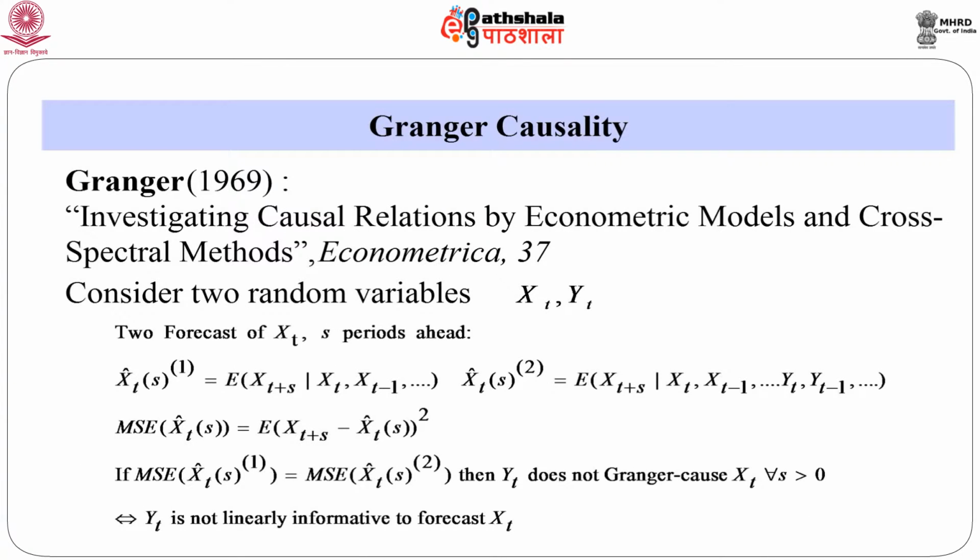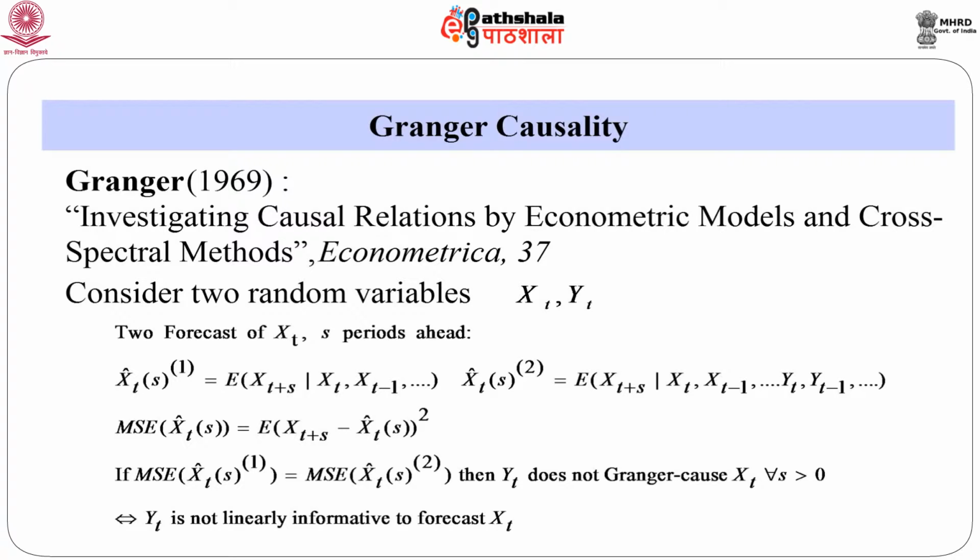Now, take the example of Granger causality. This was developed by Granger in a well-known paper investigating causal relationships between economic models and spectral methods. Consider two random variables xt and yt, and consider two forecast errors of xt s periods ahead.